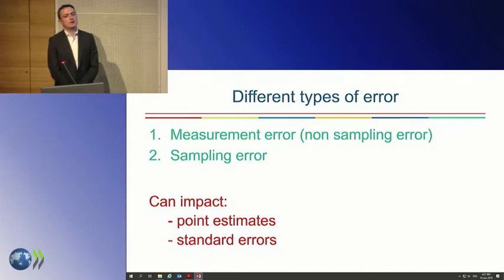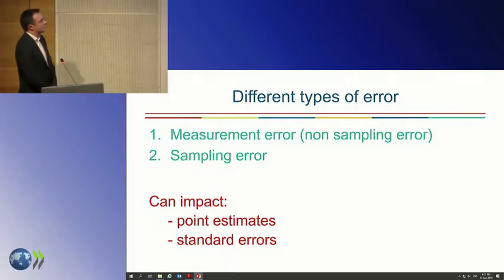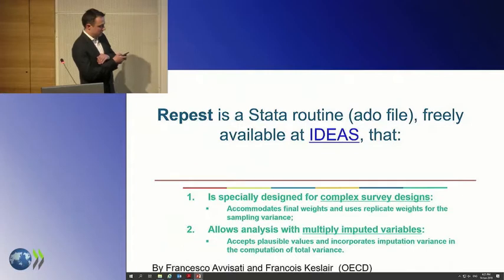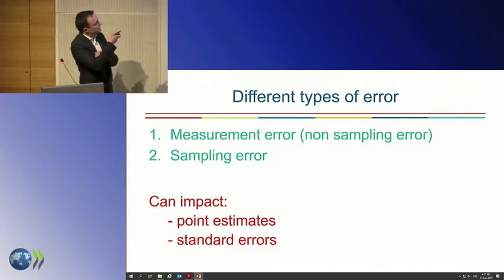Sabine talked about it a bit this afternoon, and we're going to have a say about that in the use of repest. It's not about eliminating bias in point estimates. It's about computing correct standard errors that account for the sampling error and the measurement error due to the imputation of plausible values.